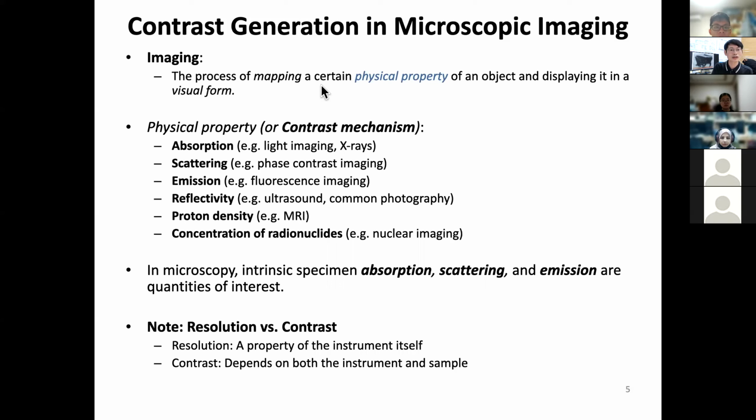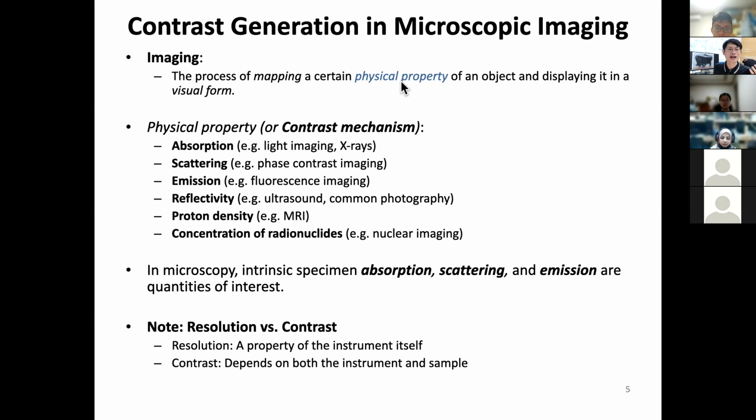So let's try to expand our concept of imaging. Imaging is a kind of mapping process, or mapping function, from object space into the imaging space. We are trying to map some property of an object, which I put as a physical property. But in fact, it could be physical, it could be chemical.